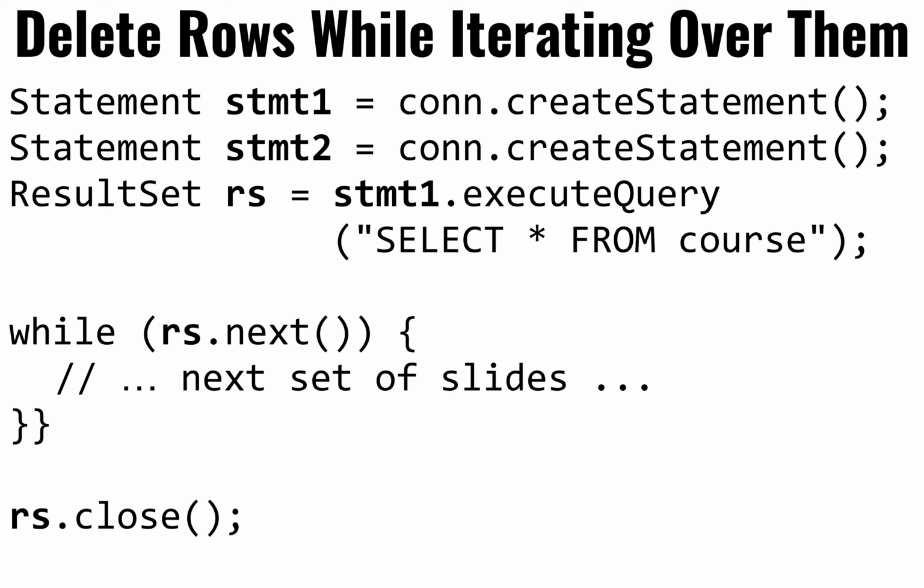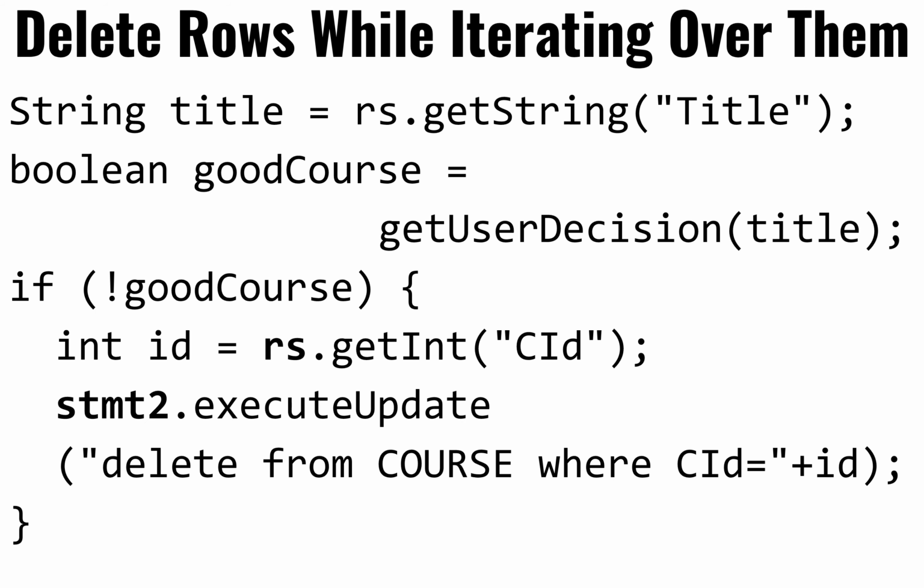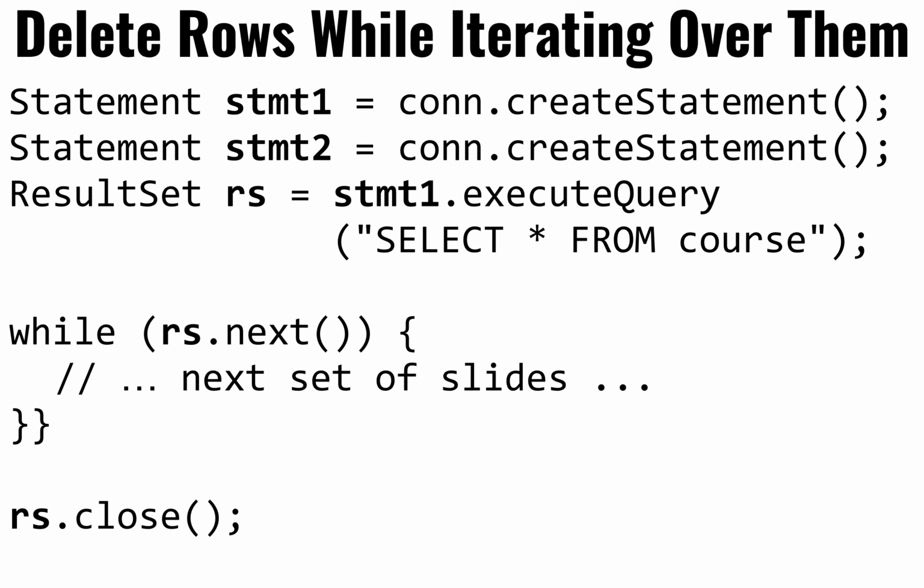Here the outer while is iterating over the outer result set. Meanwhile, inside we use the second statement to update the data.